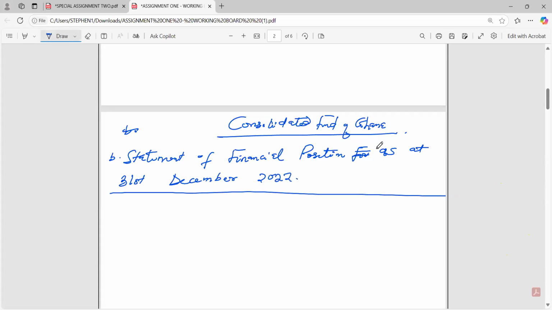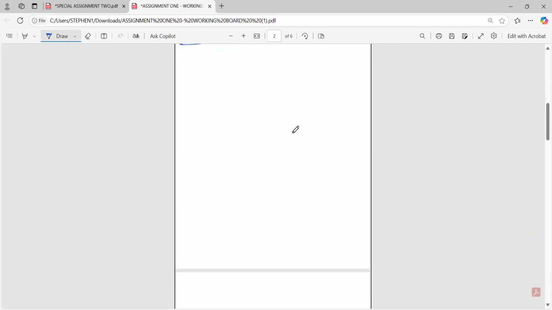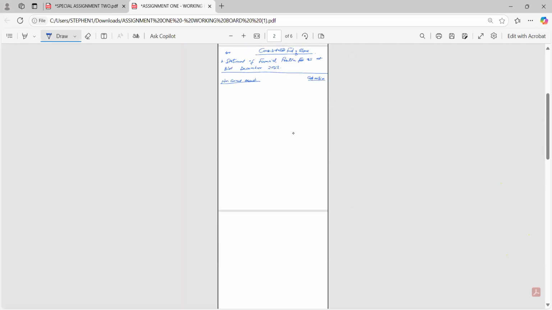Good. You have your million here. You have your assets here. Non-current assets. Like I keep saying, when you get here, always divide your book into 4. Non-current assets are not that much; current assets are always plenty.